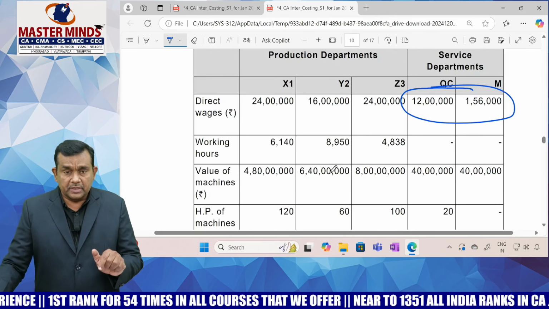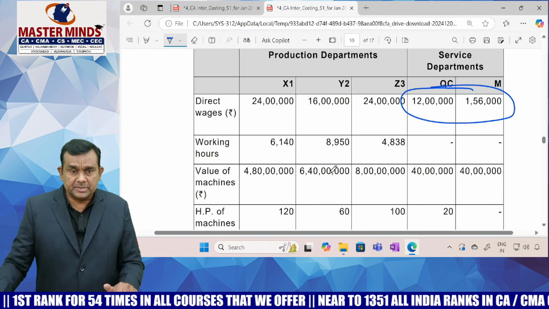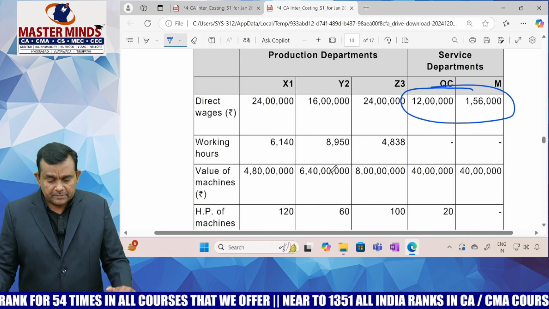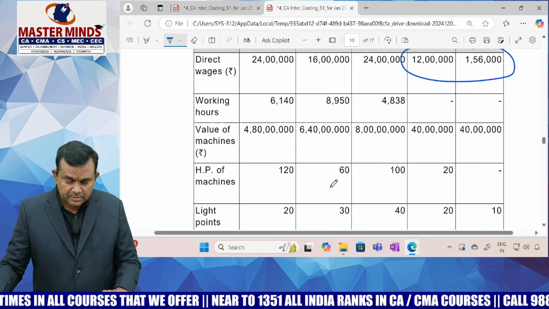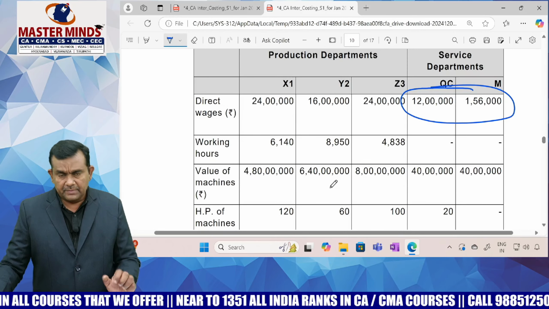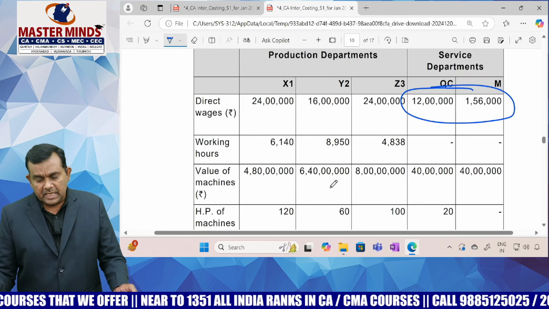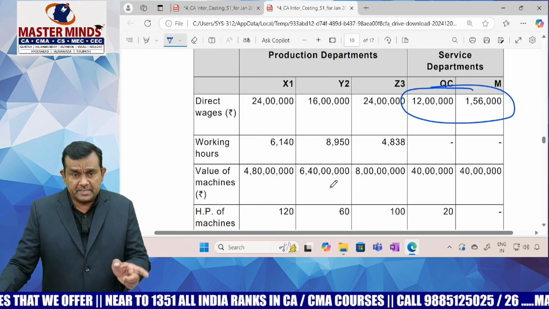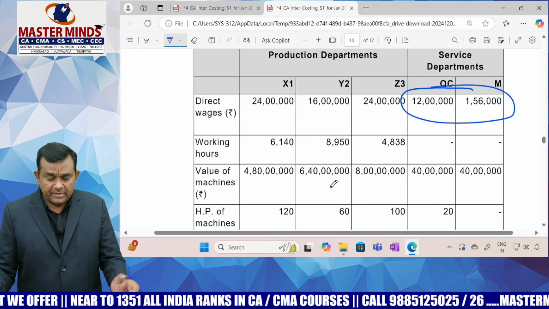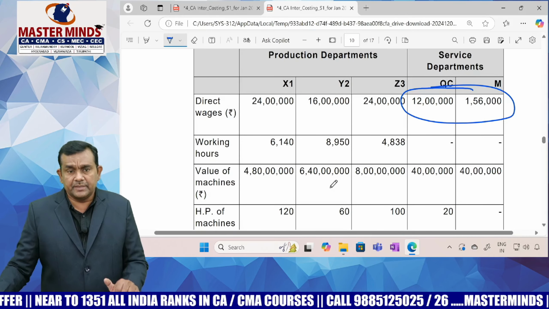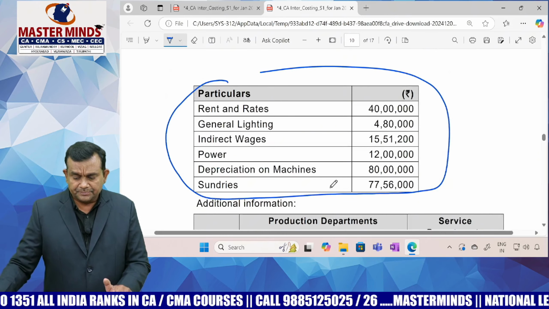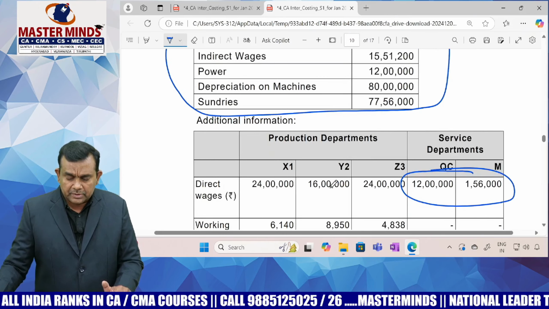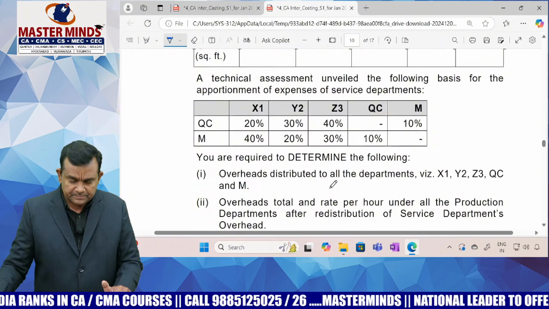Direct wages of production department, it is a part of prime cost. Okay, not considered, sir. This is the part of prime cost. So only one element, that is the direct wages. So direct wages of service department, it is an overhead. Direct wages of service department M, it is an overhead. Next, common overhead cost elements apportioned to these departments on a suitable base.